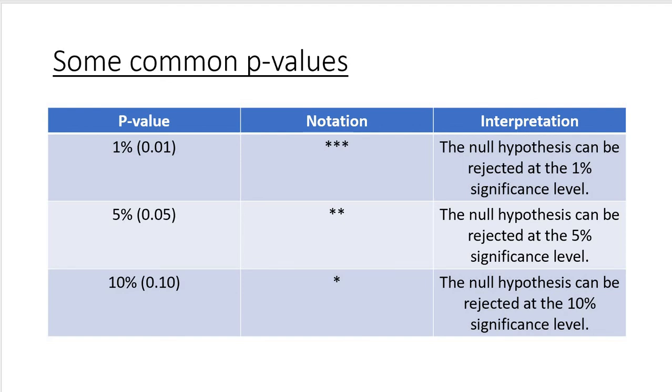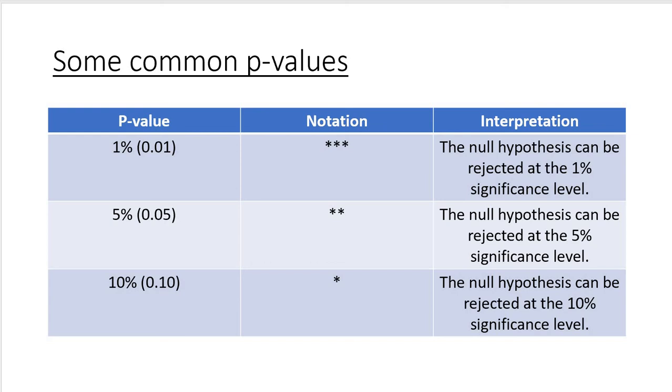Typically, in most cases, when it comes to medical research or psychological research, we are interested in the 5% level of significance. So using terminology we already discussed earlier, it's the highest p-value we are going to tolerate. But again, it's not a rule, it's just what I'm saying based on my own experience.